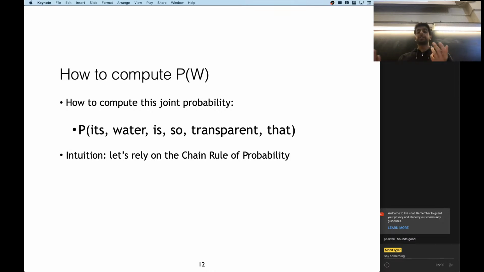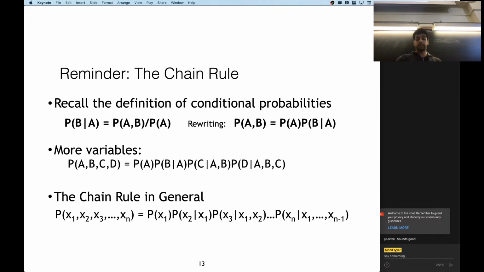One way is just to decompose this joint probability into the product of conditional probabilities using the chain rule. This is something that probably all of you have seen before in any probability class. It is also the core mathematical construct behind a language model.